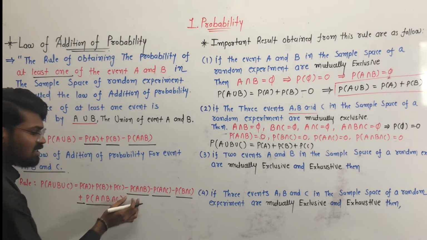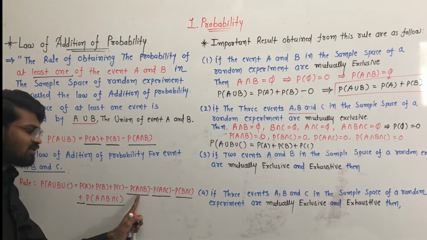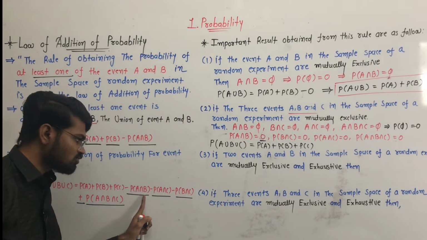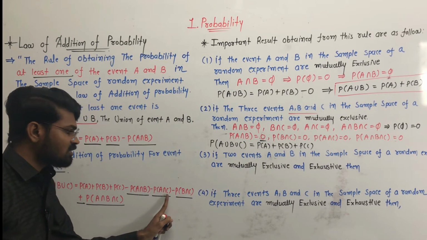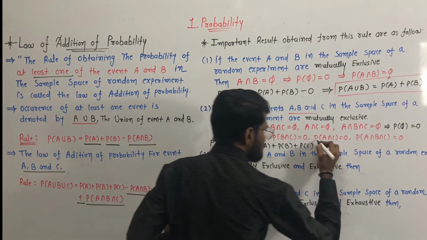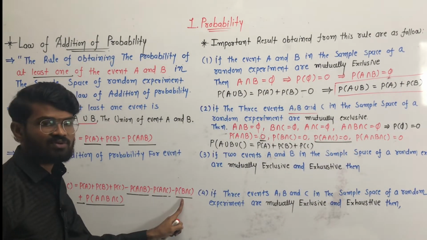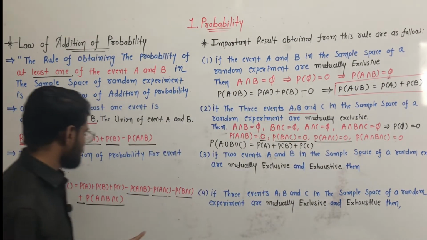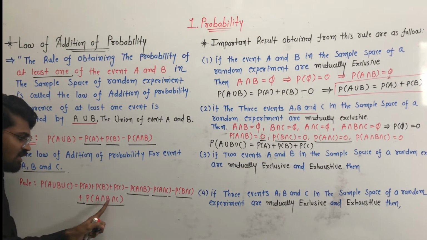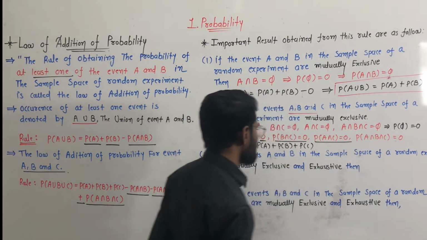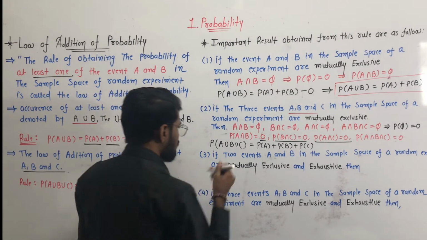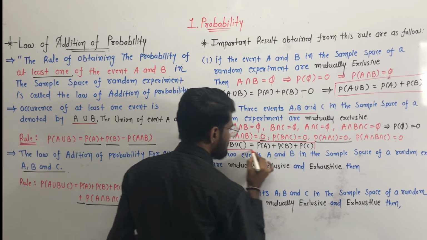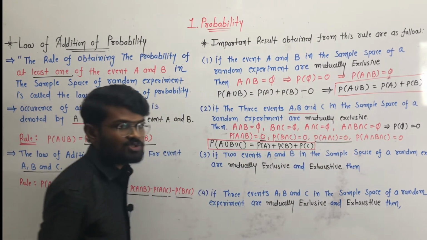But now minus the probability of the intersection of A and B, which is 0, then P of A intersection C, which is also 0, then P of B intersection C, which is also 0, then P of the intersection of A, B and C, which is also 0. So this is our formula when the three events A, B and C are mutually exclusive.